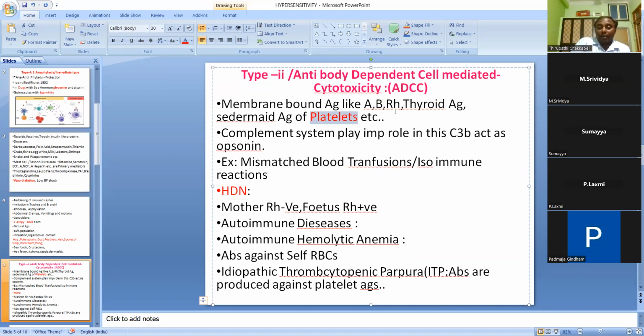All these are called membrane-bound antigens, self-antigens. The blood group antigens like A, B, RH antigen, thyroid antigen present on thyroid cells, and Sedormid antigens of platelets.